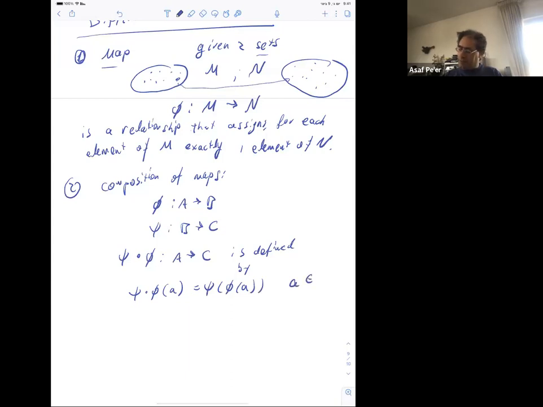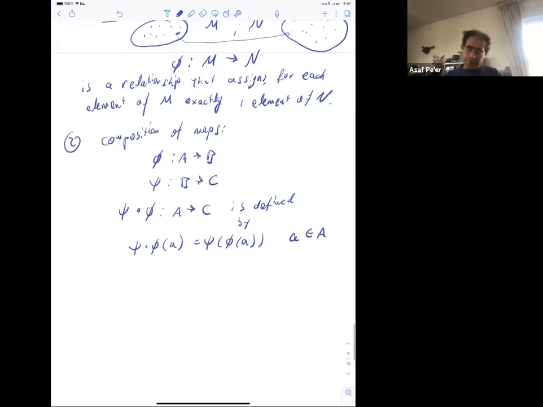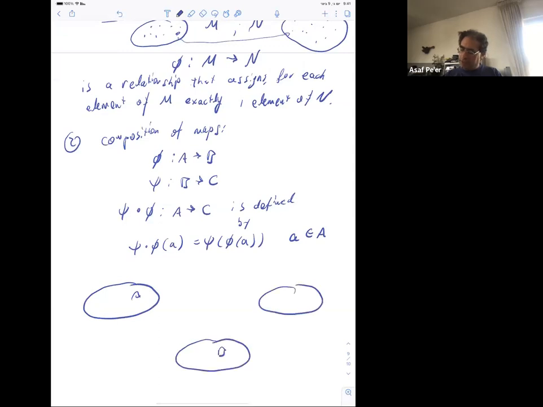So this is the set A, this is the set B, this is the set C. Phi takes an element of A into an element of B, psi takes an element of B into an element of C, and psi operating on phi takes an element in A into an element of C. It's not even confusing at this point, I hope.